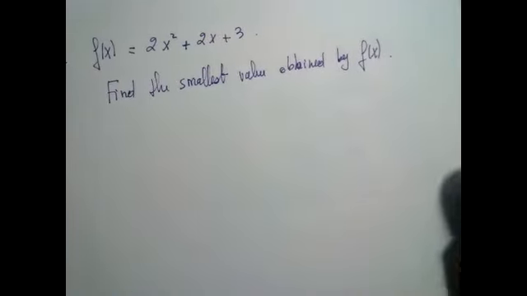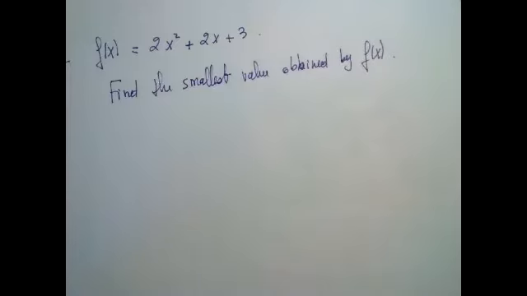What's the smallest value? This is the function, you graph it. It's going to have a smallest value. What is the smallest value obtained by this function? I give you 2 minutes to proceed. Please, all of you, do it.